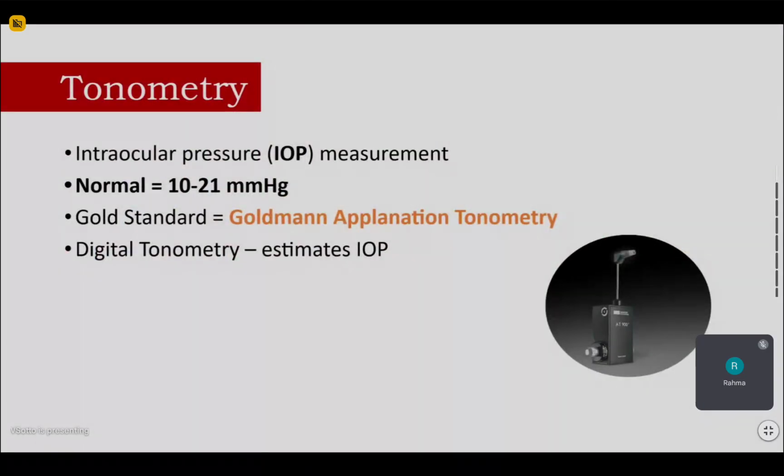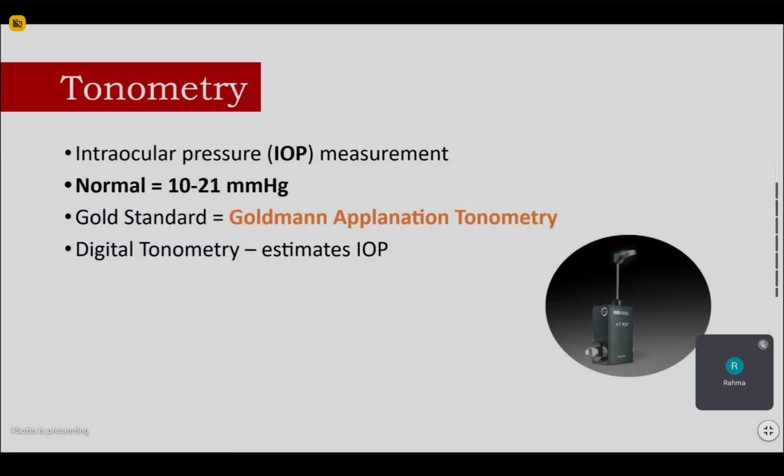For your tonometry, it's the intraocular pressure measurement. Your normal would range from 10 to 21 millimeters of mercury, and the standard for examination is the Goldmann applanation tonometry. It is built in with the slit lamp, so it goes with our slit lamp already for easy access.